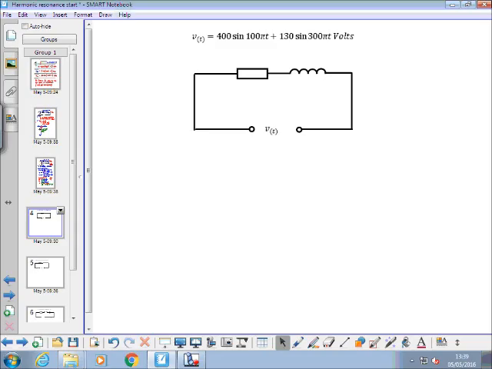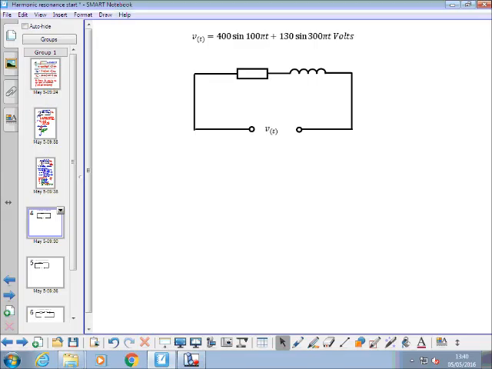So what we're going to look at now is where we get a harmonic. We get a voltage where we've added a harmonic to it. We're going to start off with a resistor and an inductor in series. We're applying a voltage with a fundamental of 400 sine 100 pi t.